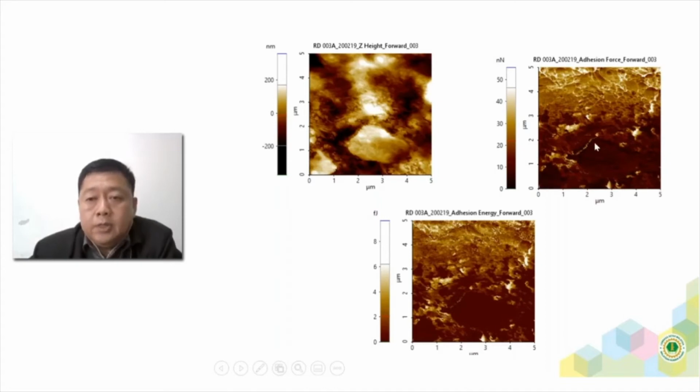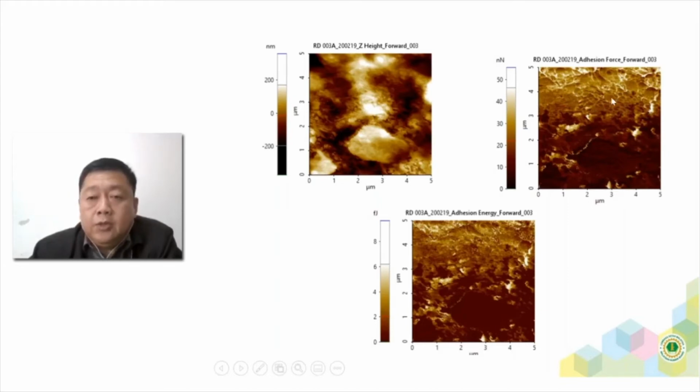That tells you that these two areas are very low in adhesion force, which means they are not the rubber material. Everybody knows that rubber is sticky, so we need this kind of material to prevent them from sticking together. So look at these other parts. You will see that some are very, very bright, and some are somewhere in between.